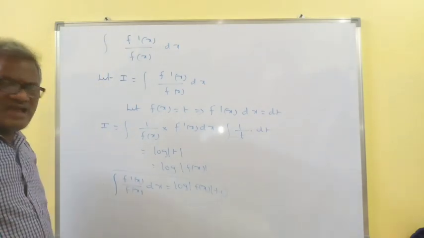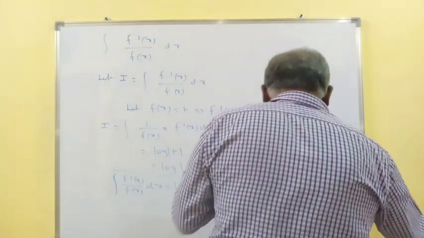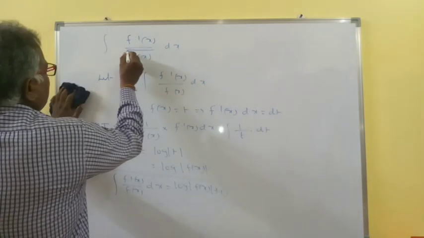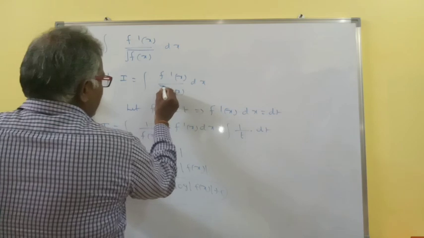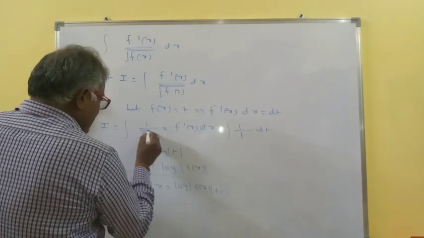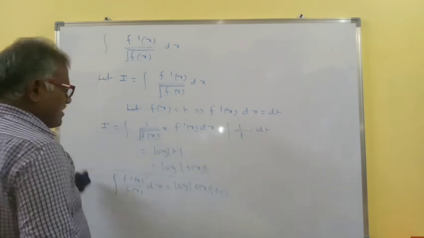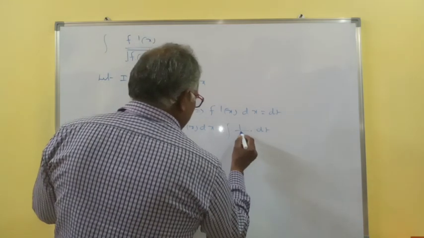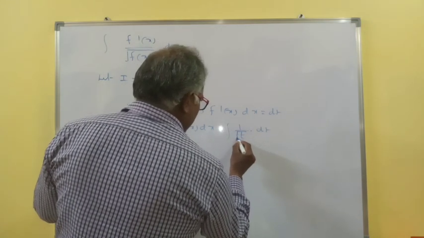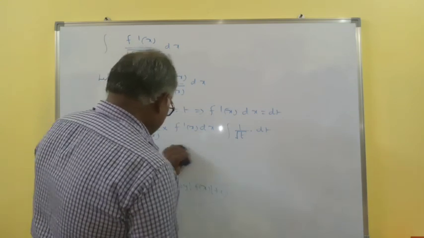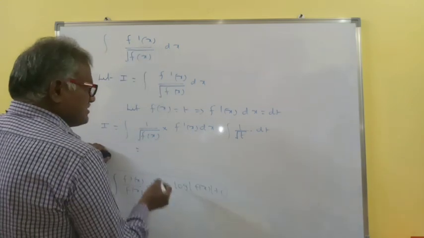And one more. Suppose the problem is like this. Same thing, f dash x by root f of x. Same thing happens. Here you should write root t. So the integral of 1 by root t means 2 root t, just as the integral of 1 by root x is equal to 2 root x.